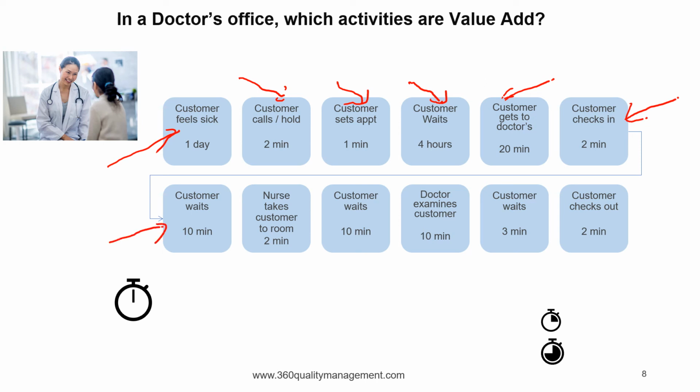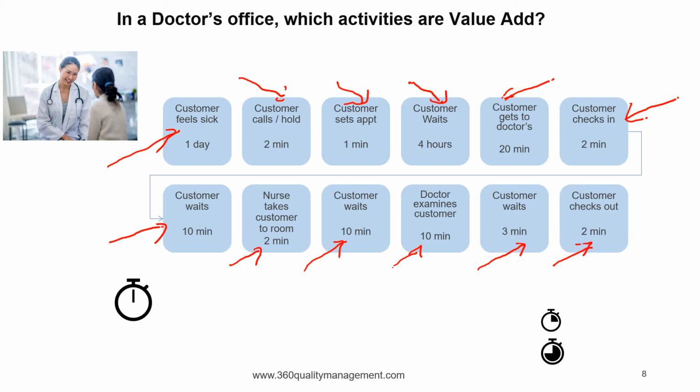Then the nurse will take the customer to the doctor's room, and here the customer has to wait again for the doctor, and finally the doctor examines or diagnoses the customer, and the customer waits again and finally checks out.